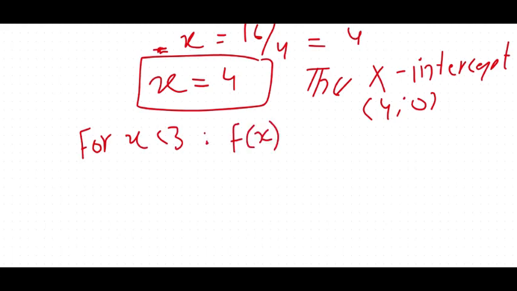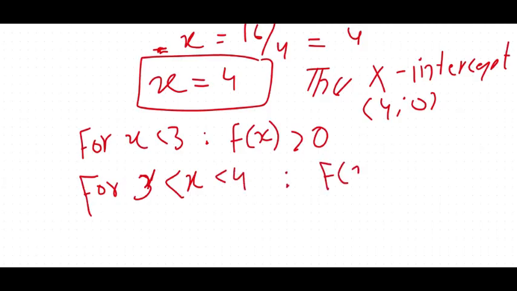For 3 less than x and x less than 4, we say that the function f of x is greater than 0. And for x greater than 4, we say the function is less than 0.